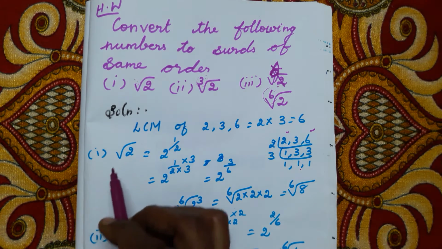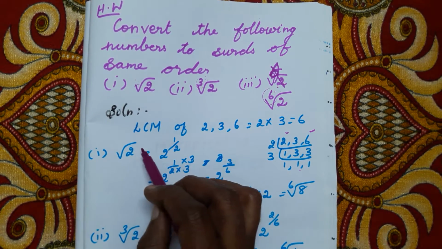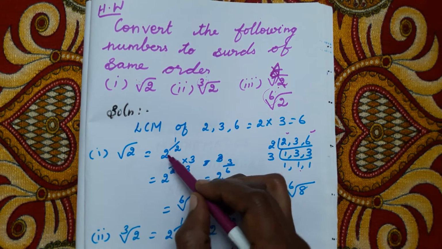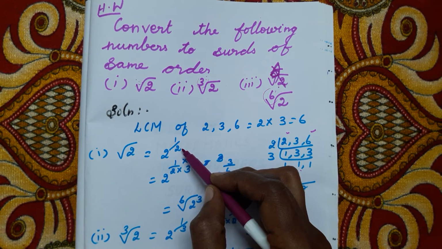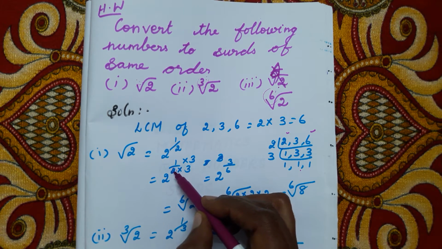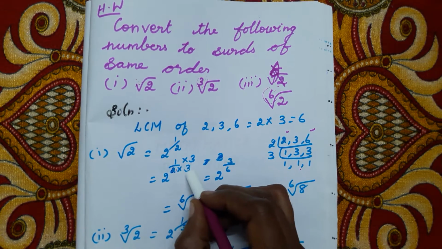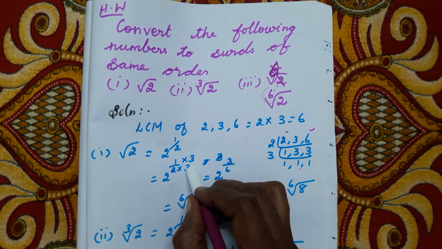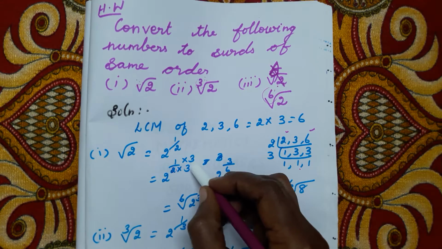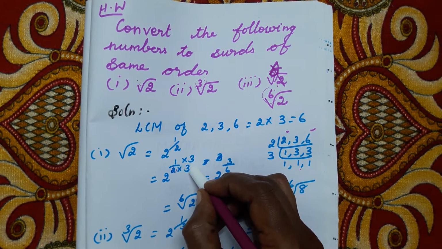Now take the first number, root 2. What is the fractional form of this? 2 power 1 by 2. We have to convert this 2 into 6. Which number do we multiply? Yeah, 3, so 2 into 3 means 6. The numerator and denominator of the power have to be multiplied by 3.